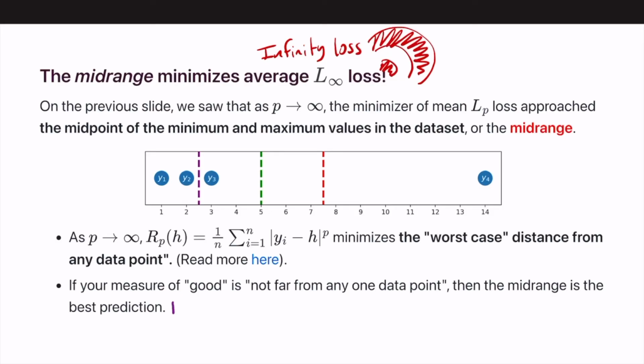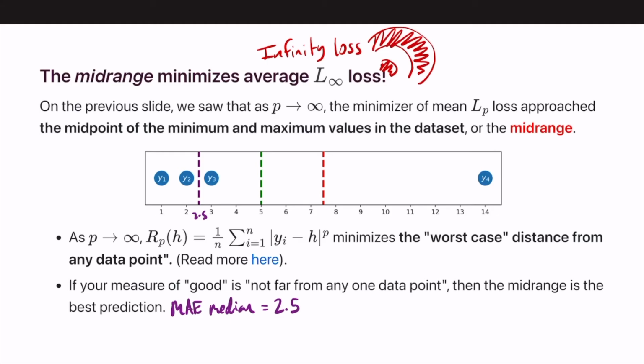Mean absolute error, whose minimizer is the median, and for the median in this data set up here, remember 1, 2, 3, and 14, this is at 2.5. So the median equals 2.5.